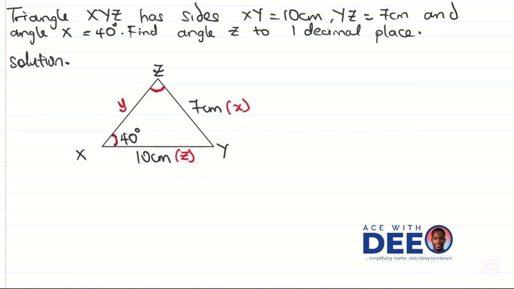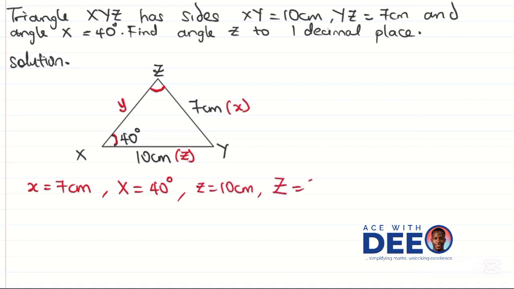So how then do we solve this question? Looking at what we have, we were given side X to be 7 centimeters. We're given angle X to be 40 degrees. We're also given side Z to be 10 centimeters.